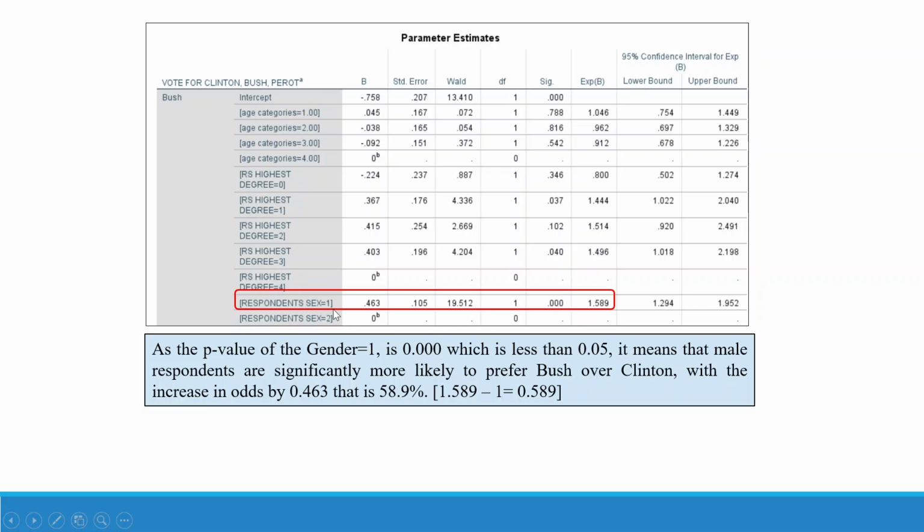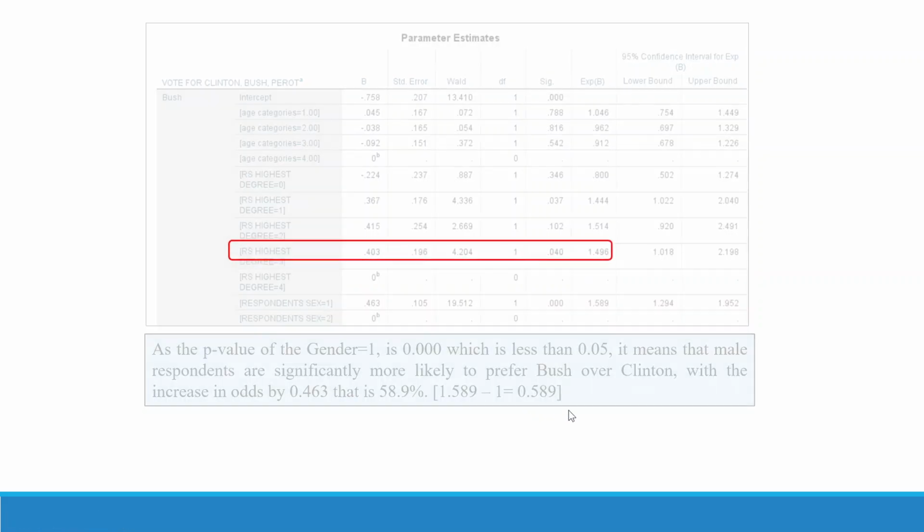So gender equal to 1 is male. The p-value of gender equal to 1, which is male, is 0.00, which is less than 0.05. It means that the male respondents are significantly more likely to prefer Bush over Clinton with the increase in odds by 0.463, that is 58.9%. So 1.589 minus 1, so 0.589.